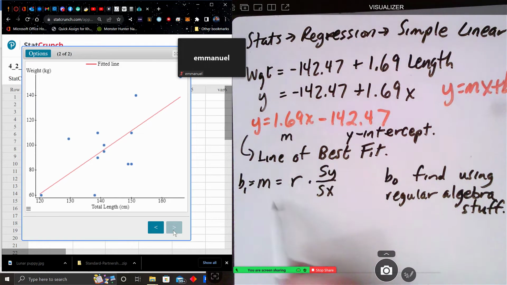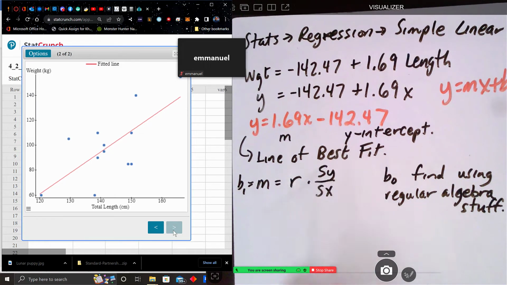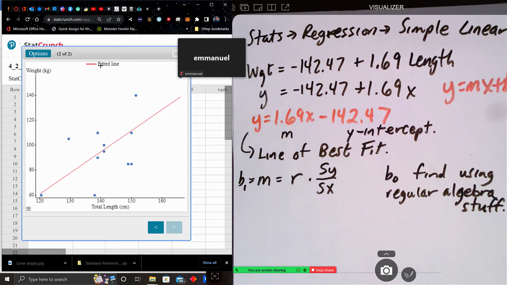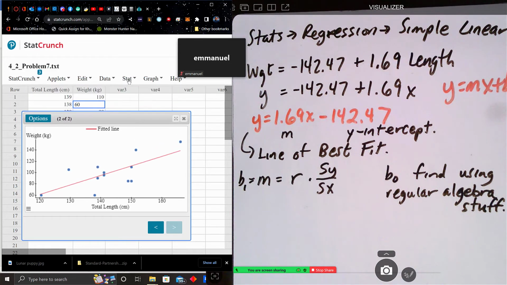So we're not going to find M on our own. We can always do this: stats, regression, simple linear.